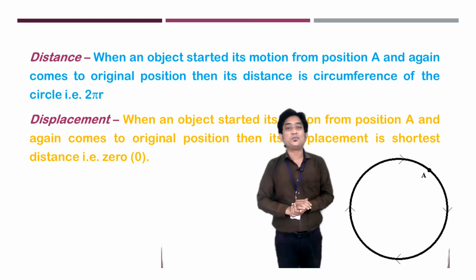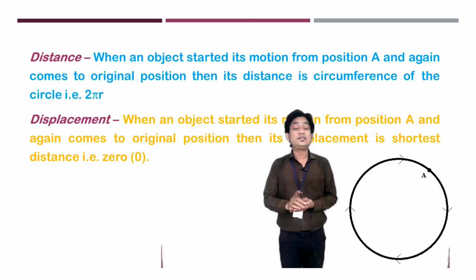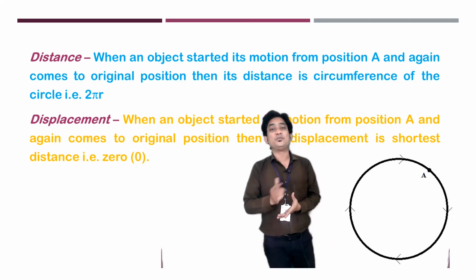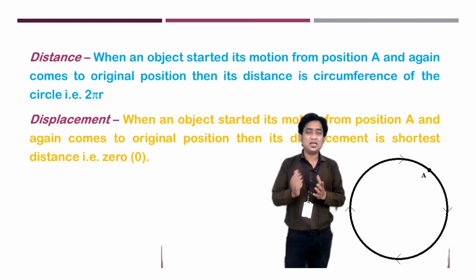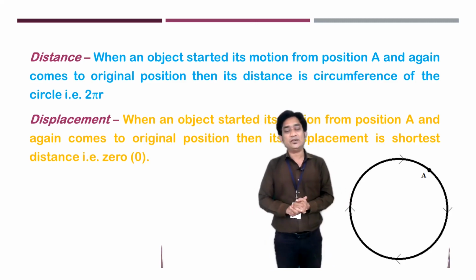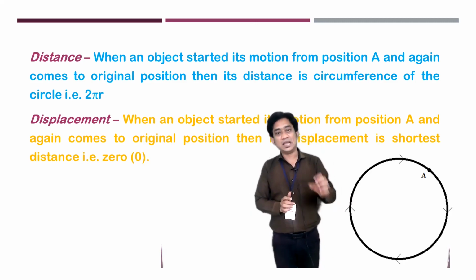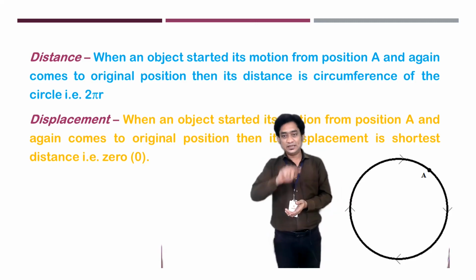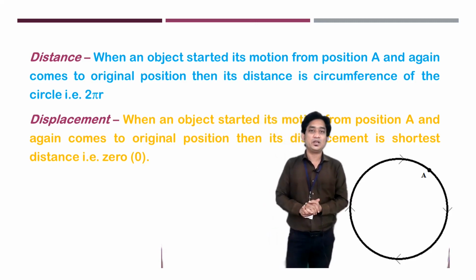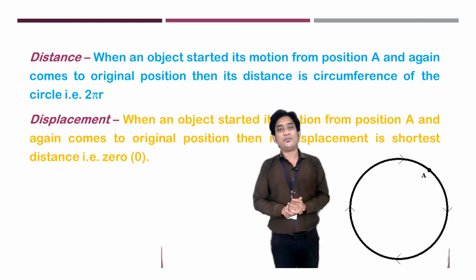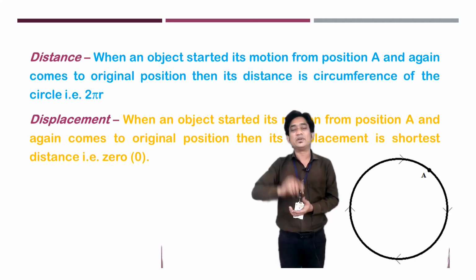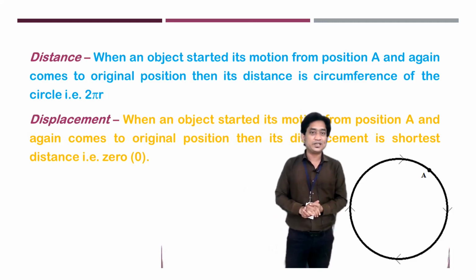So here displacement becomes 0. But distance is never 0. Why? Because distance is a scalar quantity and displacement is a vector quantity. We know very well what scalar and vector quantities are: scalar means magnitude only, and vector means magnitude as well as direction. So in this circular path, displacement becomes 0 because the initial and final positions are the same, but distance is the circumference of the circle, so distance becomes 2πr.